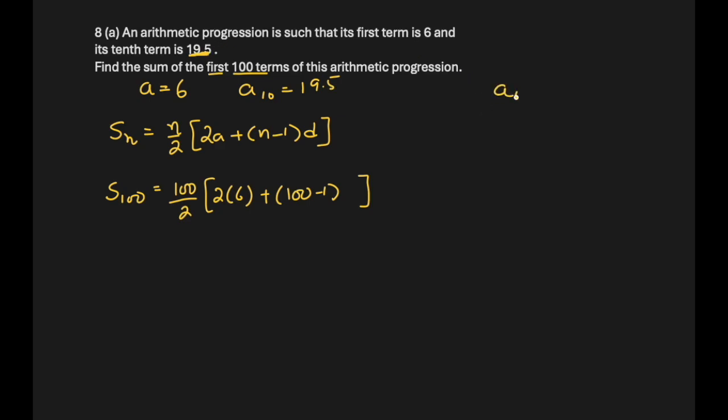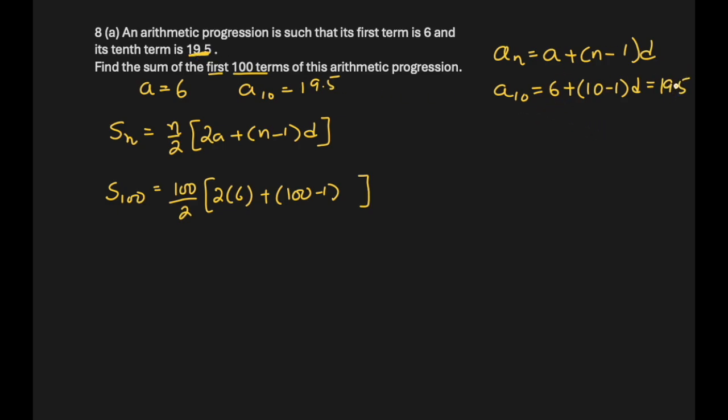So A10, what is the formula for the nth term? An is equal to a plus (n minus 1) d. So for A10, a is 6, it will be 10 minus 1, and d is unknown, but it is equal to 19.5. That's what they're saying here.